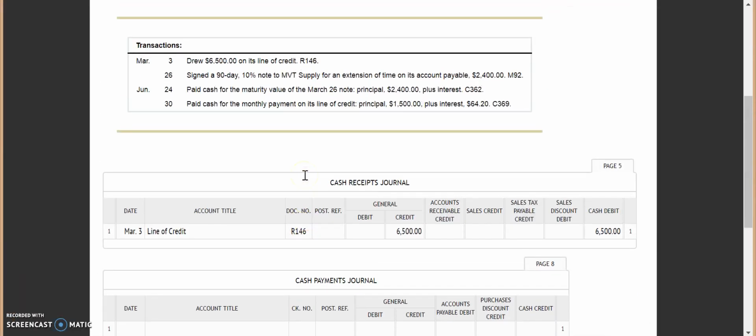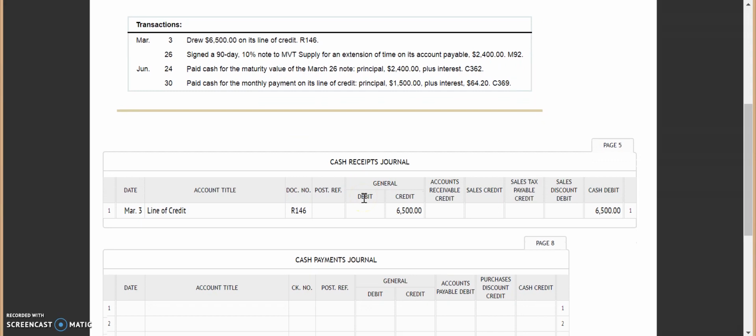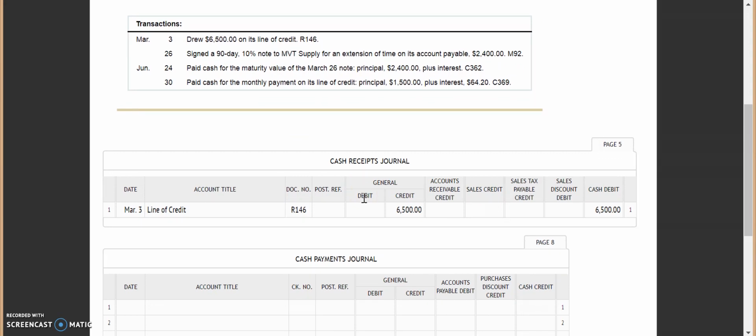So then in June here, we're actually going to be paying our maturity value. Let's talk about the one on June 24th first, which says that we paid cash for the maturity value of the March 26th note, the principal of $2,400 plus the interest. So let's put our date in here first of June 24th.